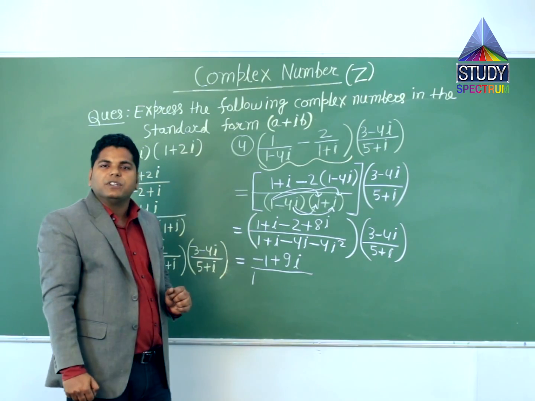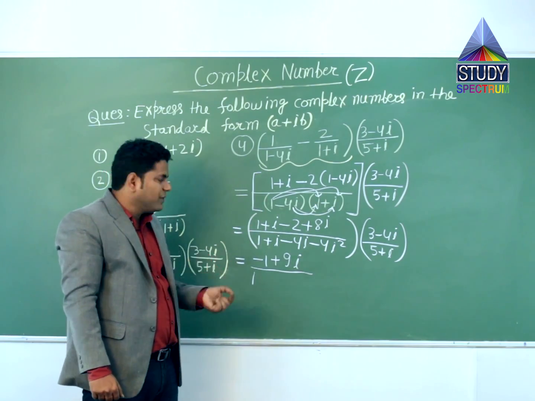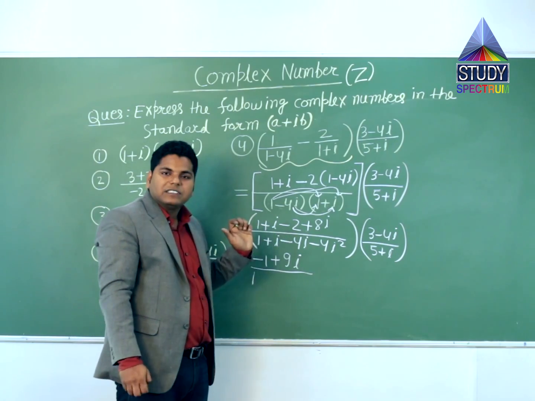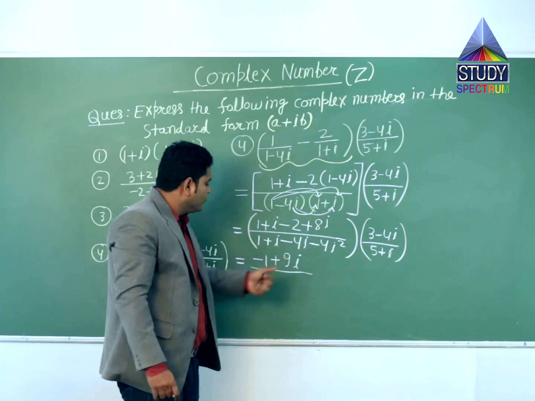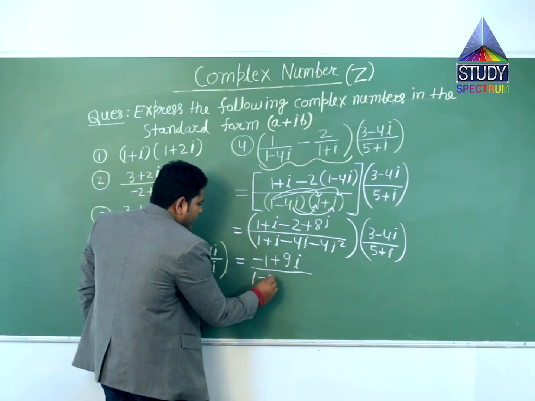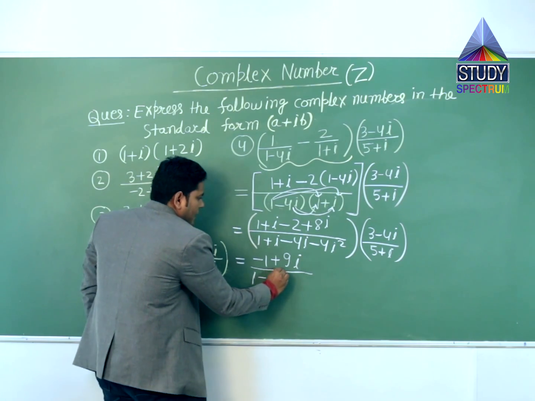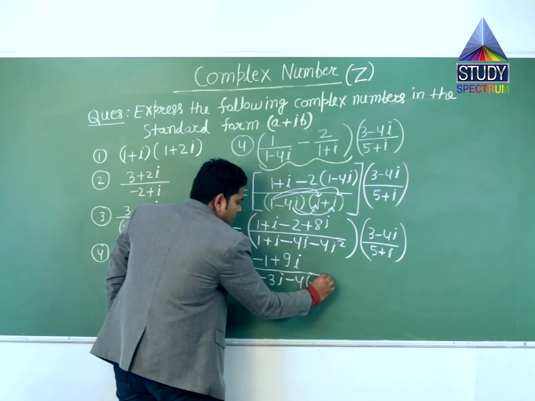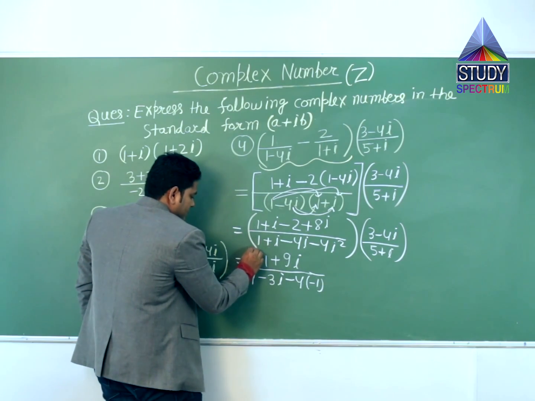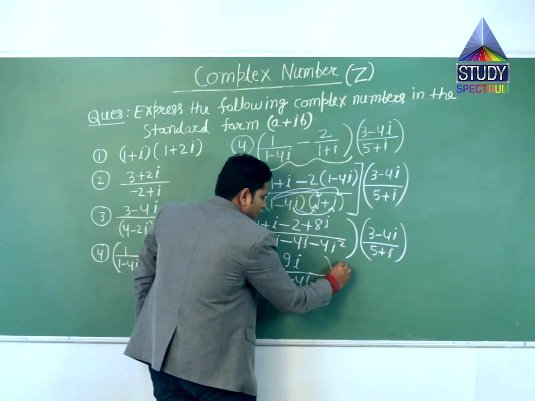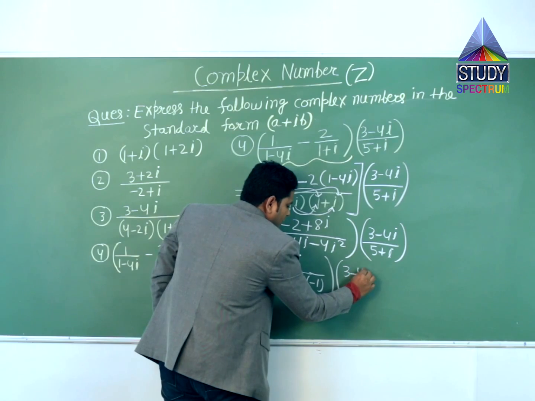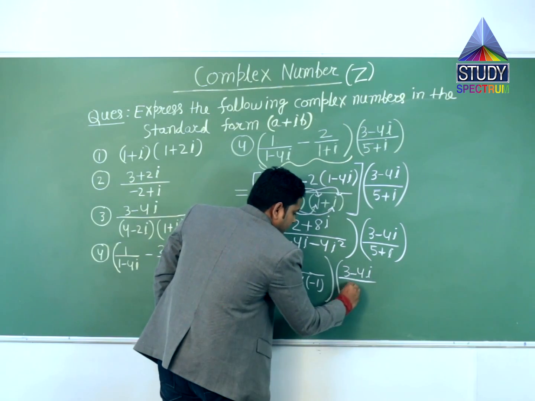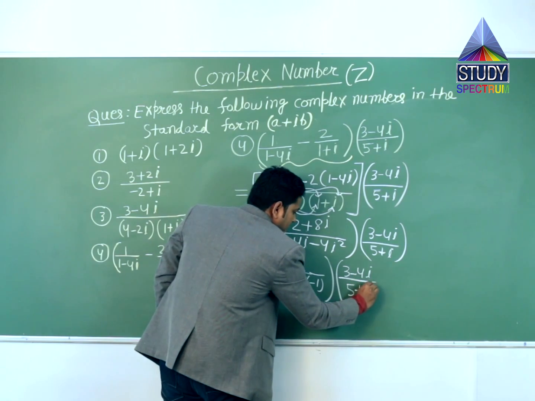Both have opposite sign, so we'll subtract. So 1 minus 4 is minus 3, and i is there, so we will write minus 3i minus 4i square. My i square is minus 1. 3 minus 4i by 5 plus i.